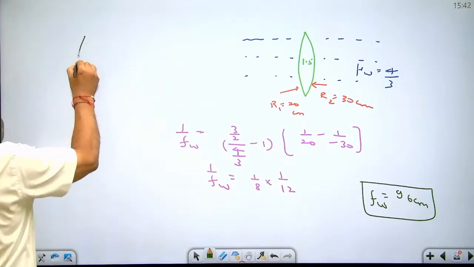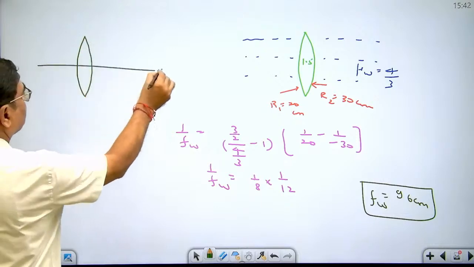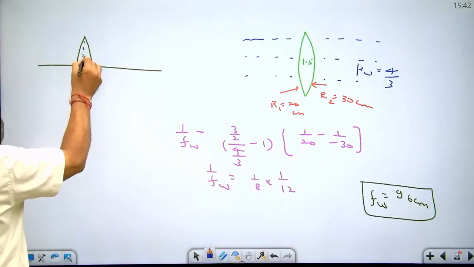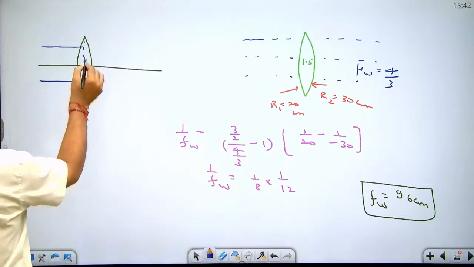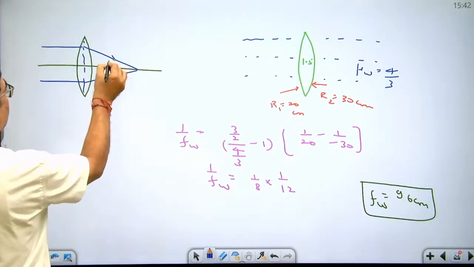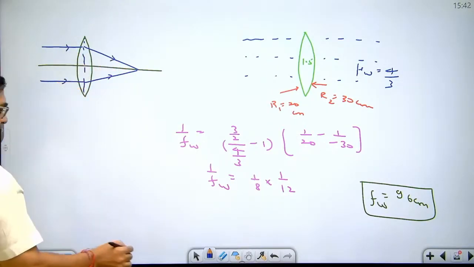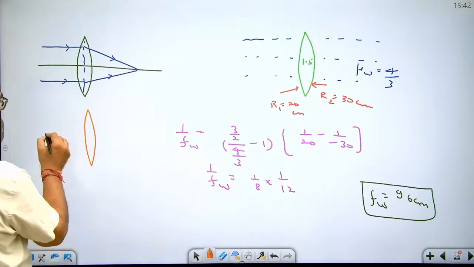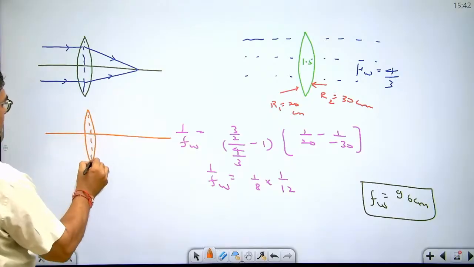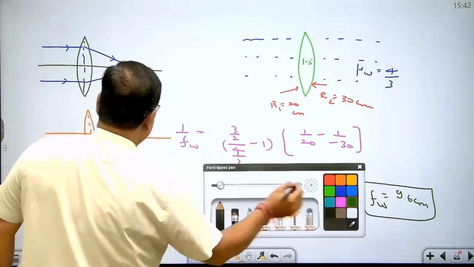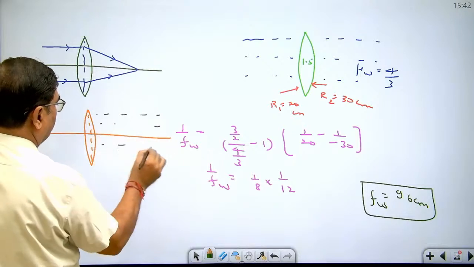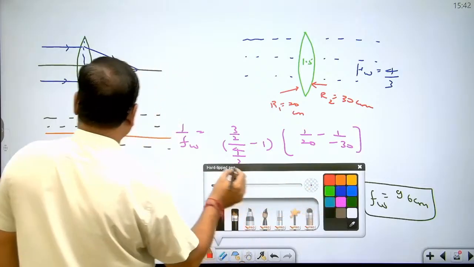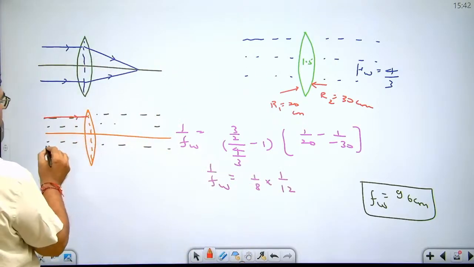See, if the diagram in air is like this, then dear student, the diagram in water will be like this. The diagram in the water is like this.